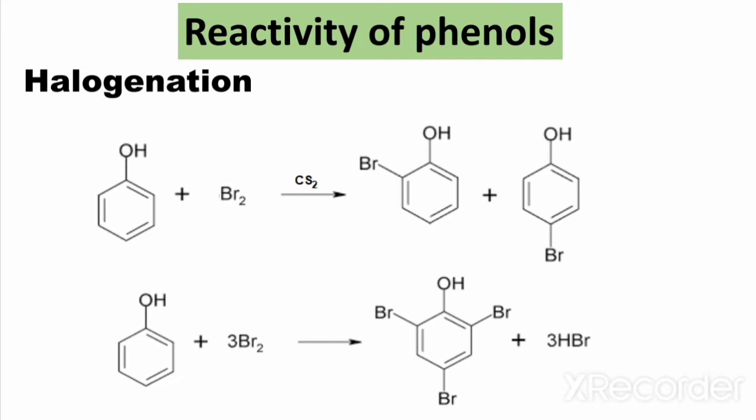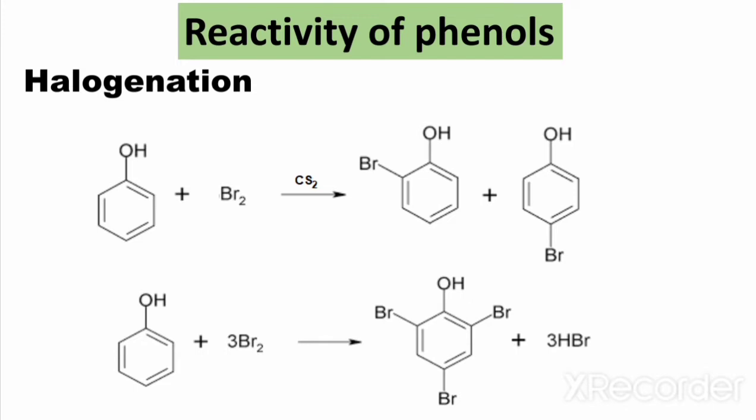When phenol reacts with fluorine, it is a very rigorous reaction. It will be very fast, and it cannot be observed thoroughly. And when phenol or another compound reacts with iodine, the reaction is too slow, and it will take much time, so it is not suitable for observation.